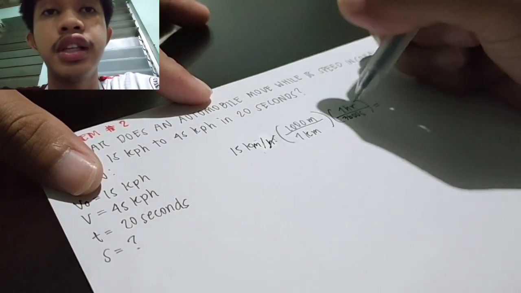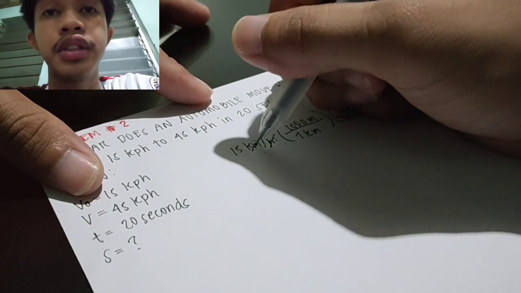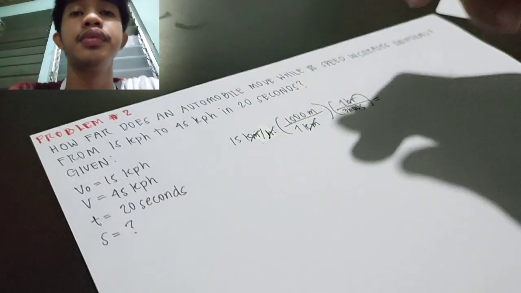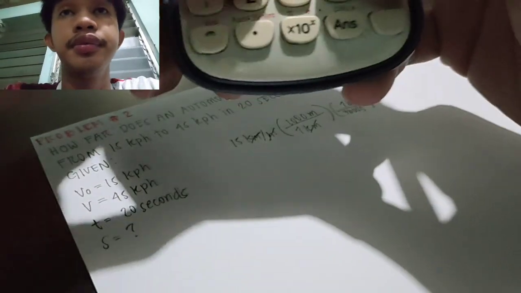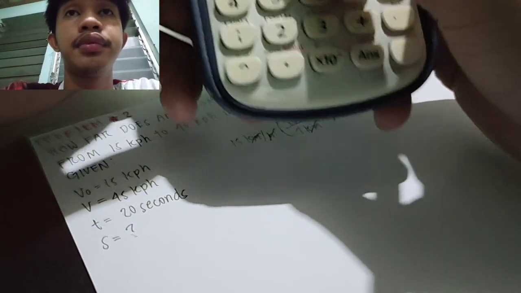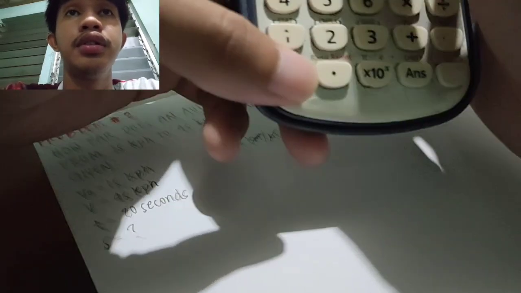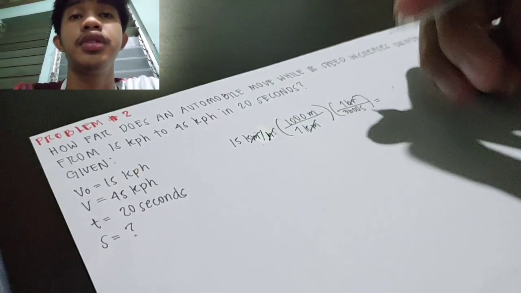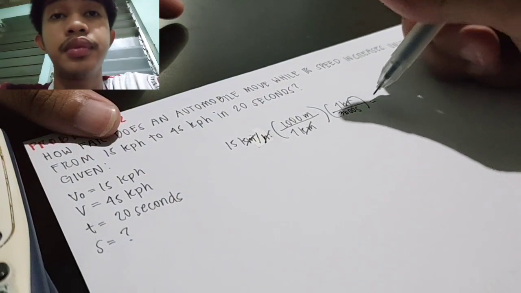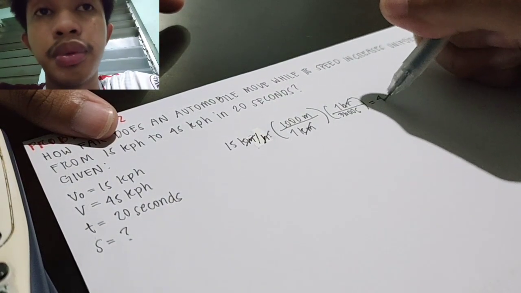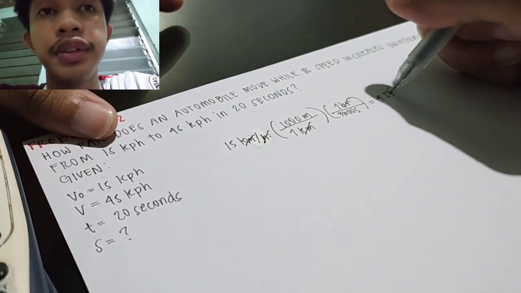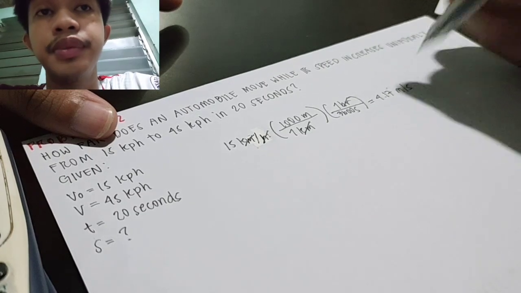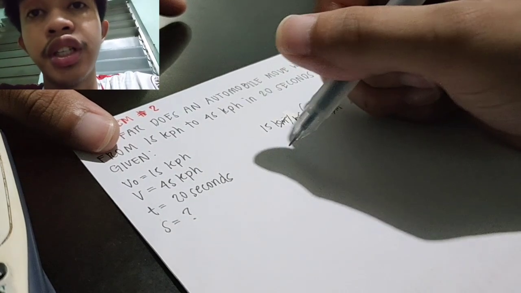So the units will cancel. So 15 times 1000 over 3600 gives 4.167 m/s. Next, the final velocity.